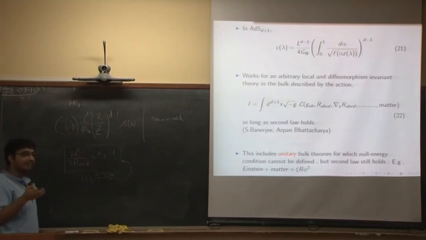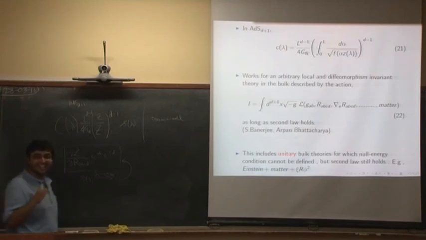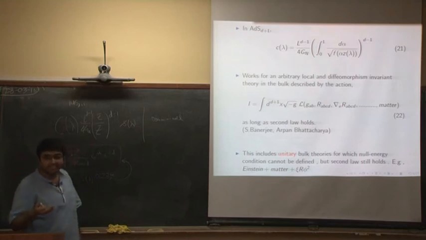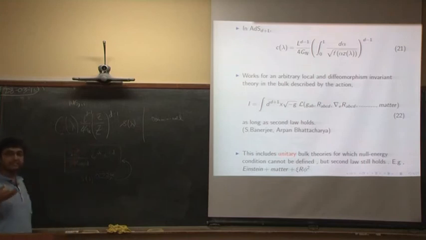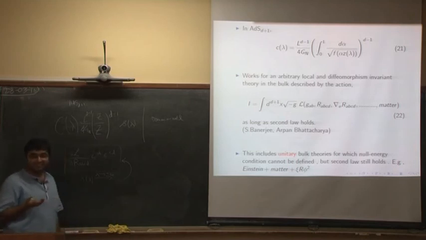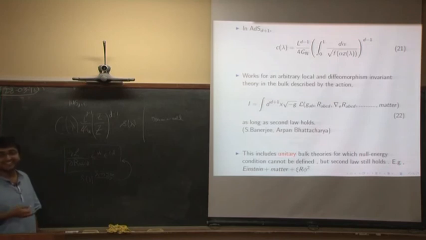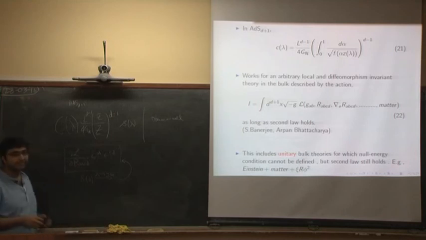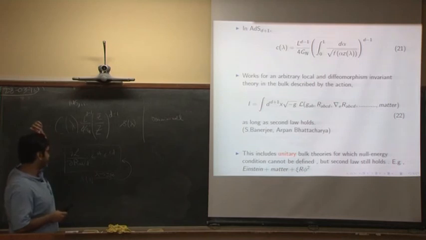And then it was quite ambitious, I think, to turn the argument around and say that, okay, we know the C-theorem holds for unitary theories and this seems to be a good way of proving it, so why not the second law in all unitary theories? Yeah, so this is the expression which we actually have.